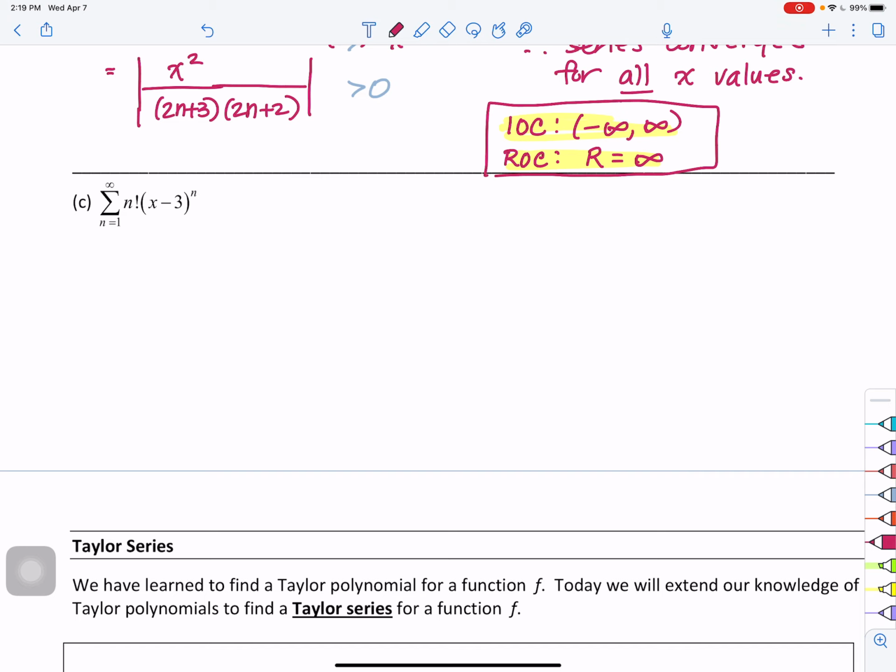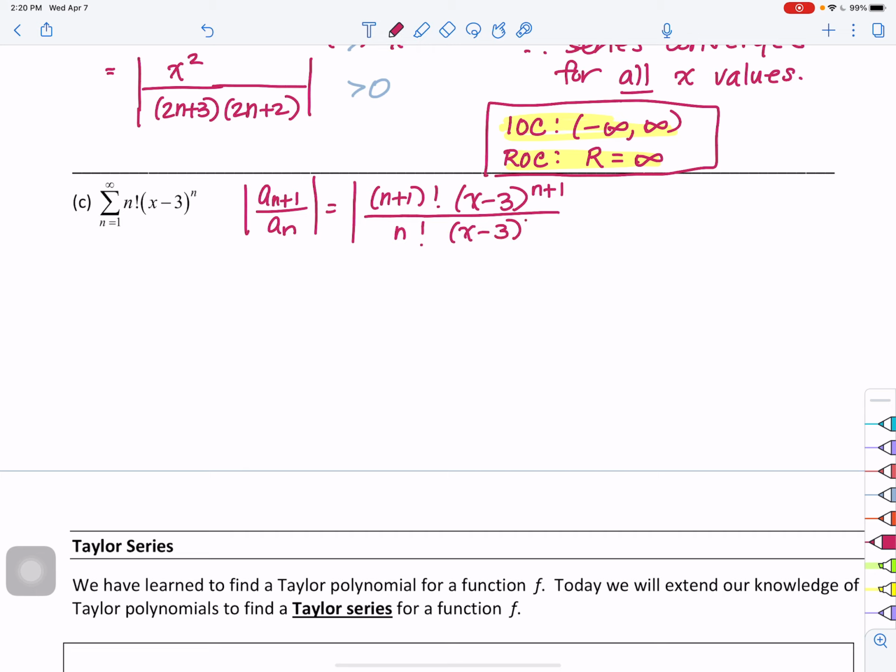Okay? I would like to know what the n plus 1th term divided by the nth term is so that I can apply the ratio test. And that's going to be n plus 1 factorial multiplied by x minus 3 to the n plus 1. And we can have a true division problem here and not multiply by the reciprocal. That turned out very nice.